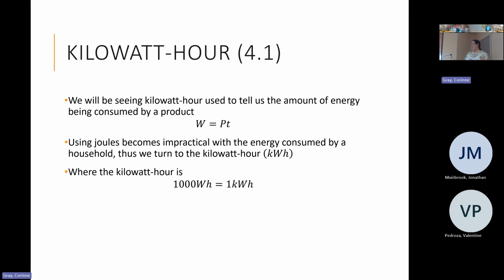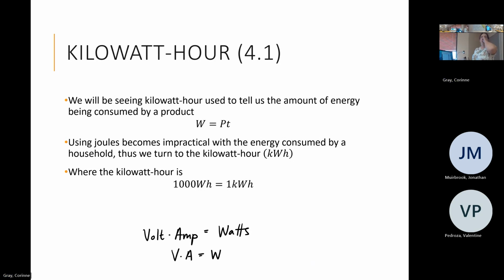So when we see powers, we are going to be seeing the kilowatt hour utilized. However, for small circuits, so when we're talking about just taking volts and multiplying it by amps, if I just take a volt times amp, this is going to get me watts. So V times A equals W. When we're talking about units, not when we're talking about symbols for things.